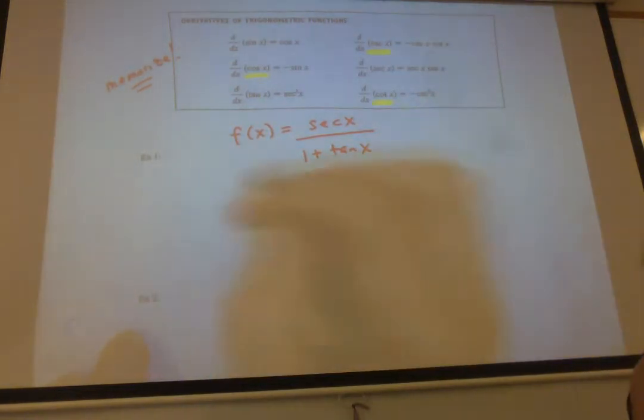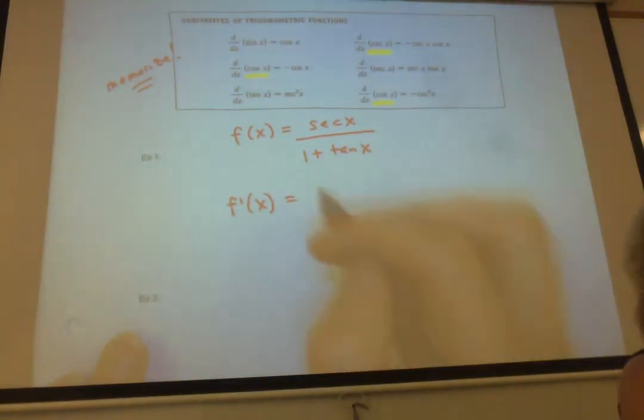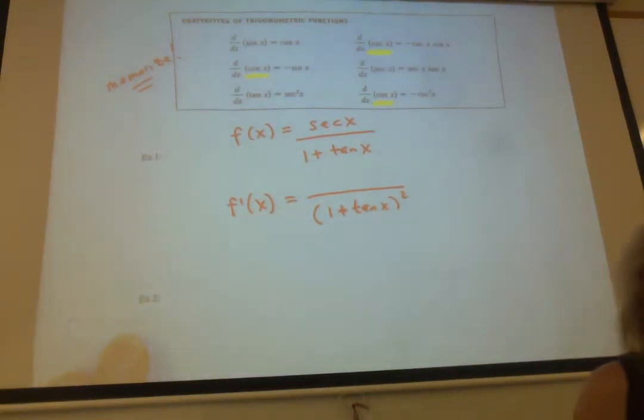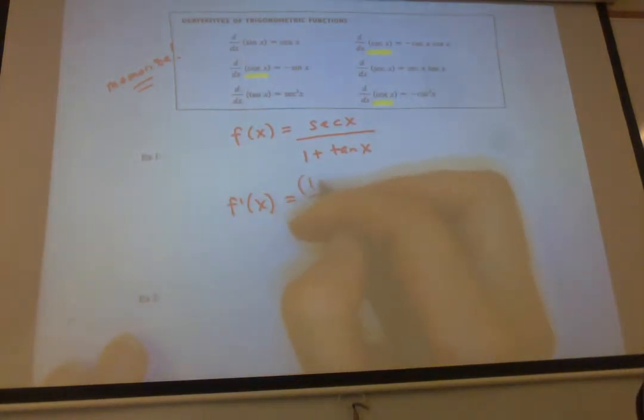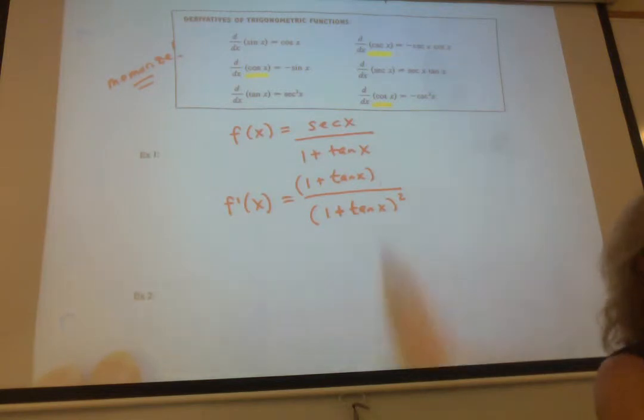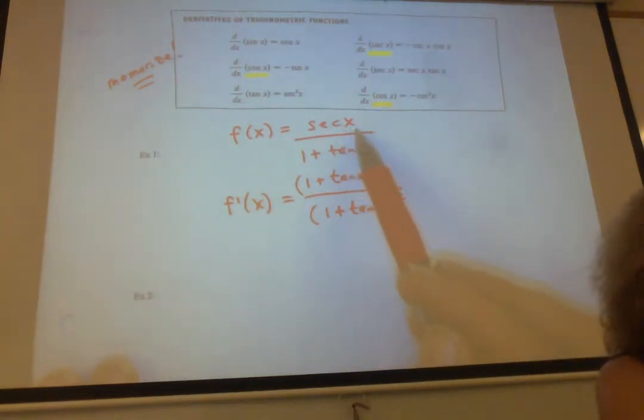All right, so let's do it. So again, I'm going to start down low. I'm going to square the denominator. Sorry, my plus kind of looks like a T. There. And then I'm going to recopy that right here. Next to it is going to be the derivative of the top function.